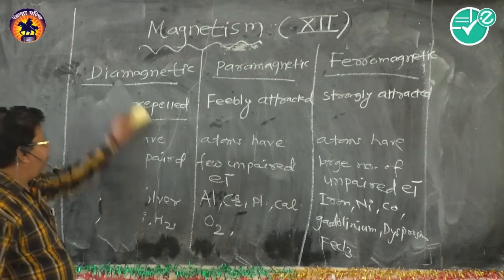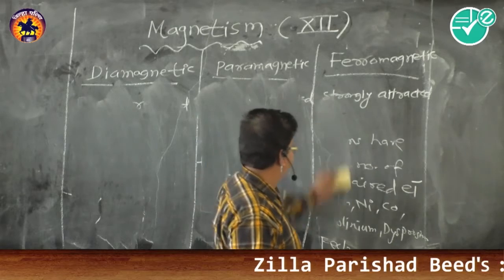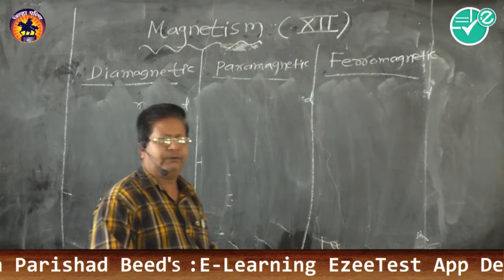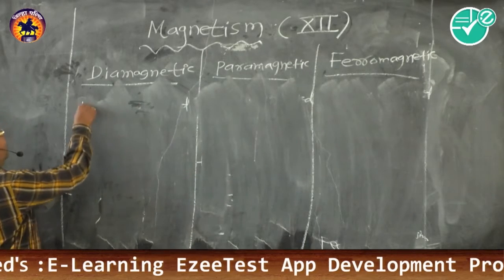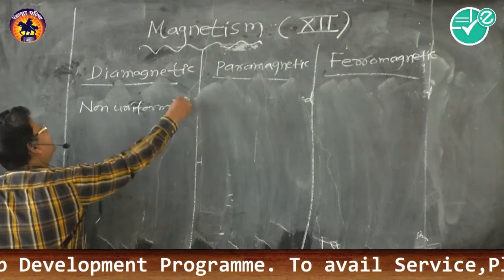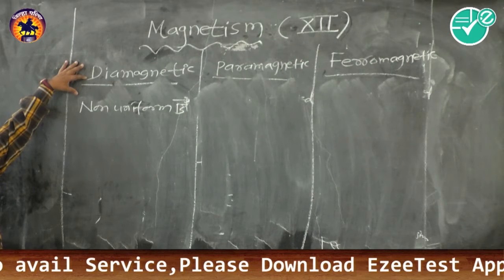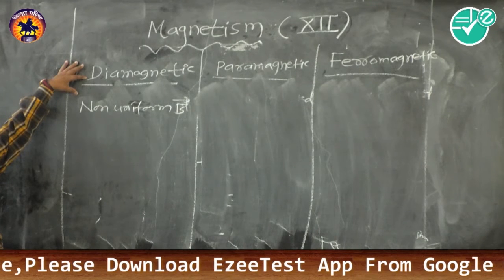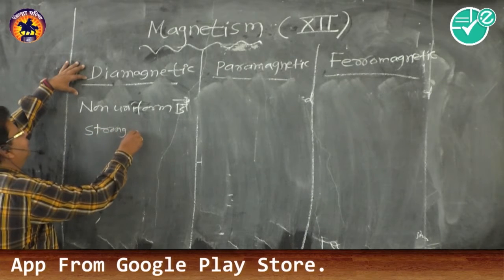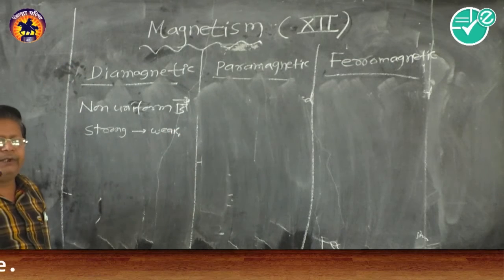The next property of these substances is, if a diamagnetic substance is placed in a non-uniform magnetic field, then it has a tendency to move from a strong magnetic field to a weak magnetic field.